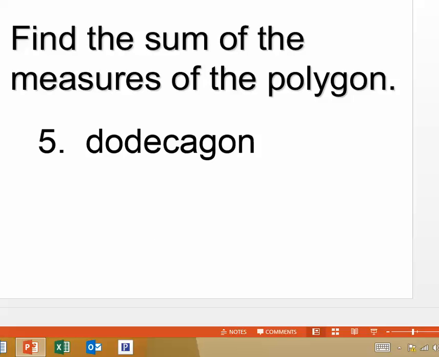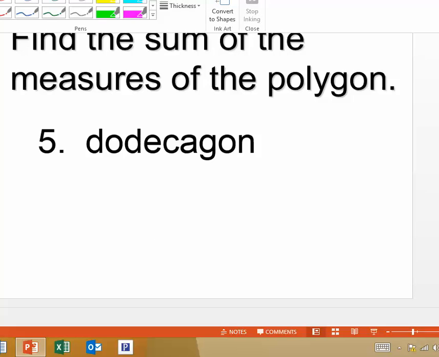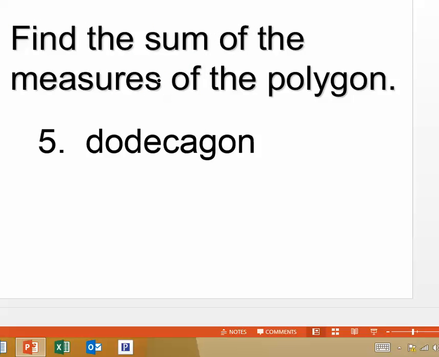We'll do one more. A dodecagon is a 12-sided figure, so we're going to talk through this one. That means 180 times 12 minus 2, 180 times 10, 1,800.